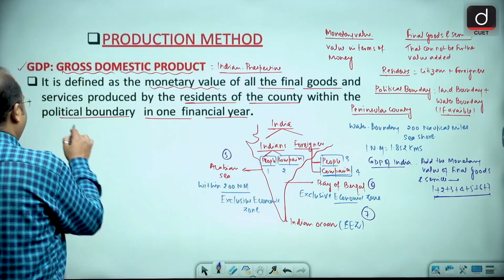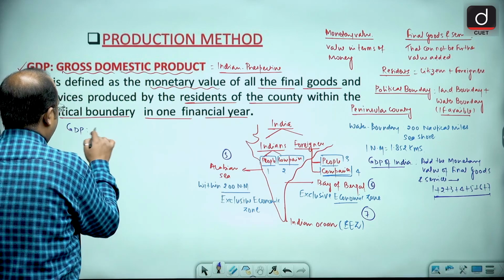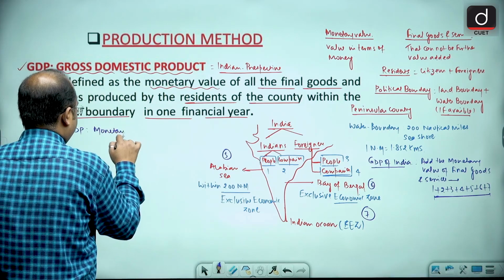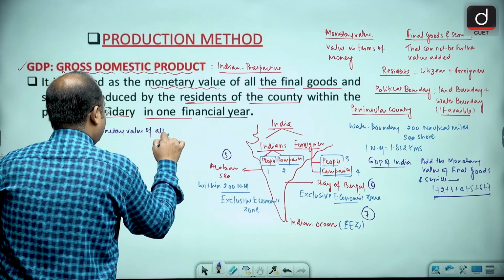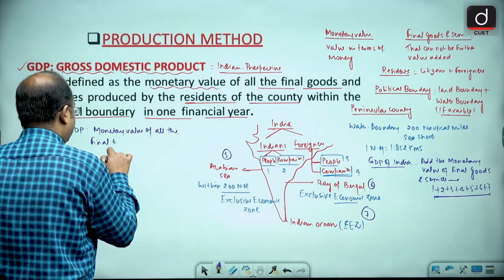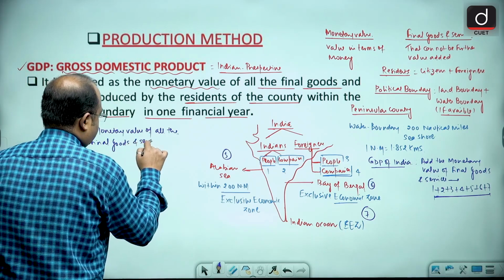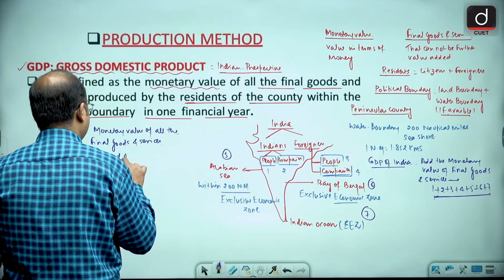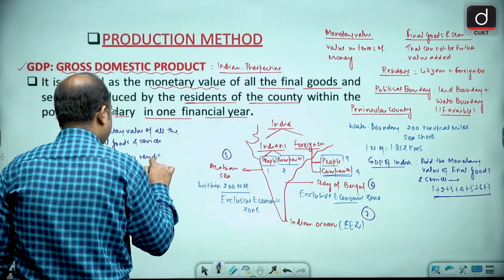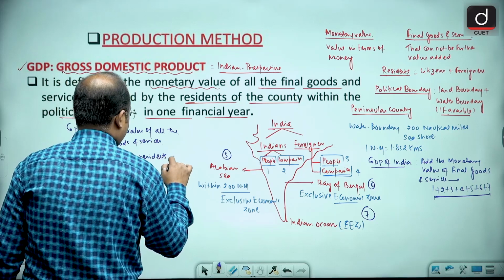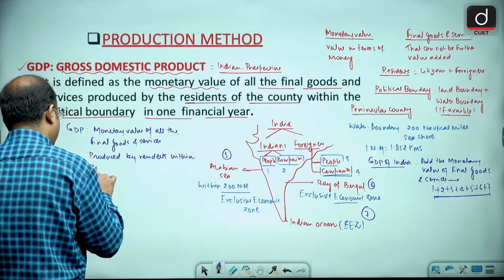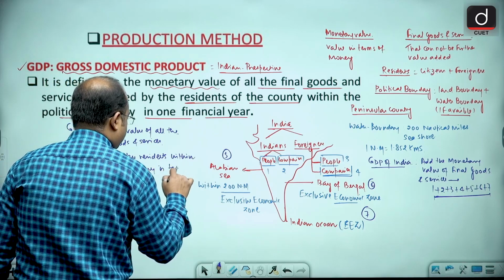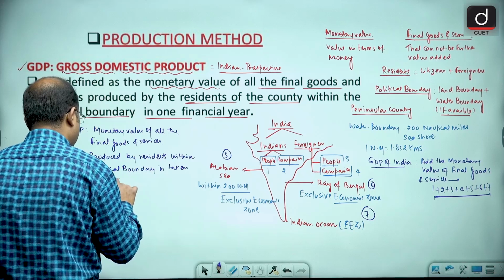So whenever you find GDP, it is the monetary value of all the final goods and services produced by residents within the political boundary of India that is taken into account.